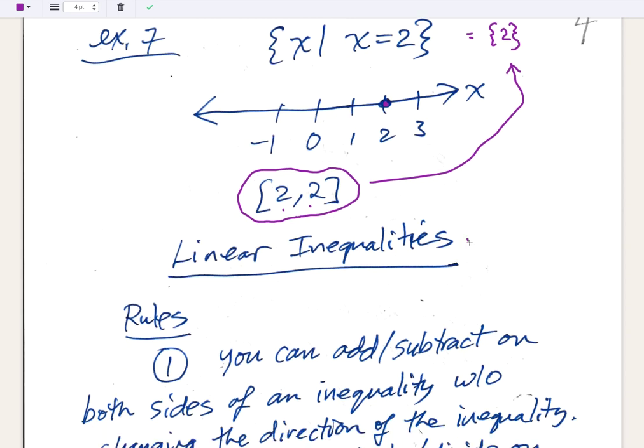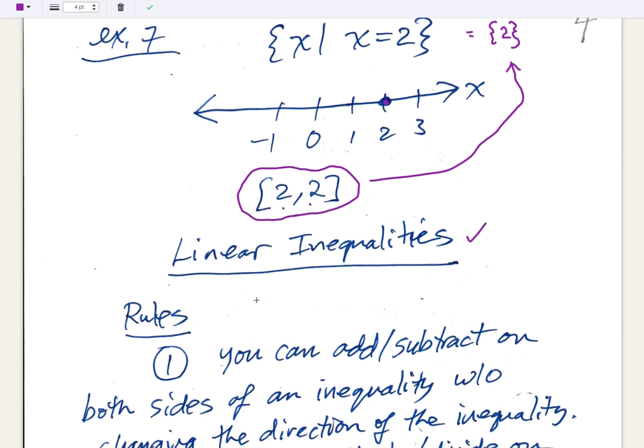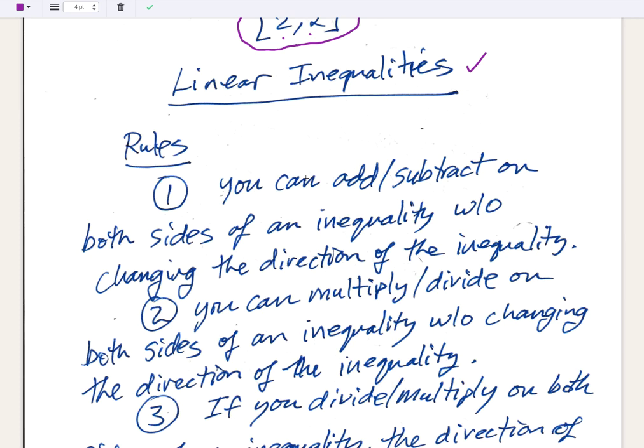All right, let's now start talking about linear inequalities. I'm sure you've run into this before in your previous math classes, so this should be pretty much a review. Let's talk about the rules of inequalities. You can add or subtract the same quantity on both sides of an inequality without changing the direction of the inequality.